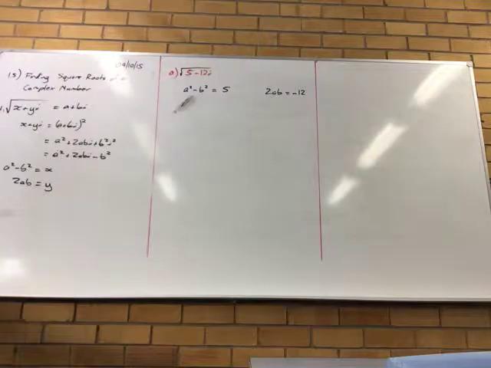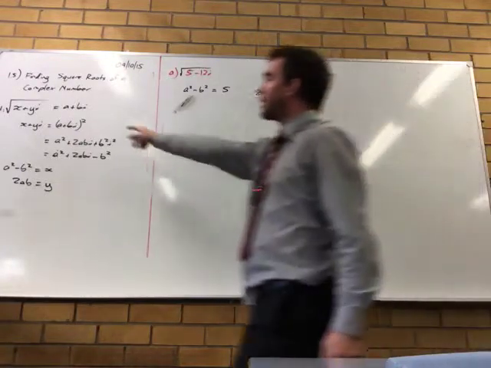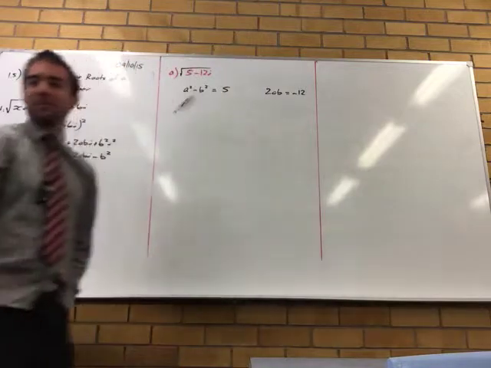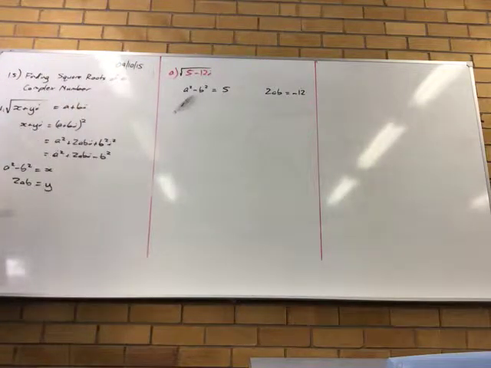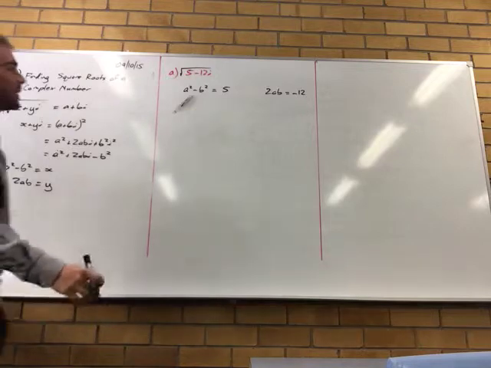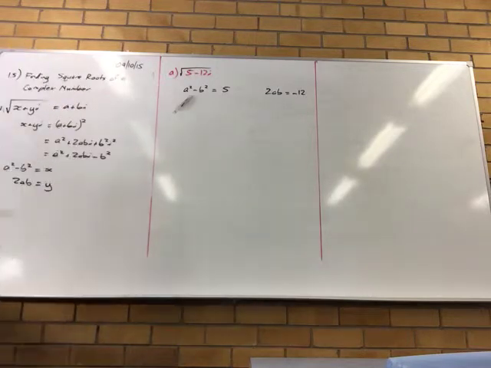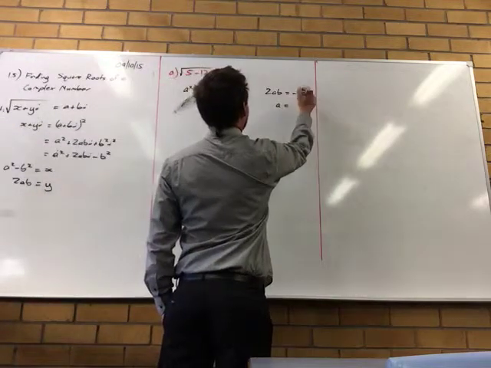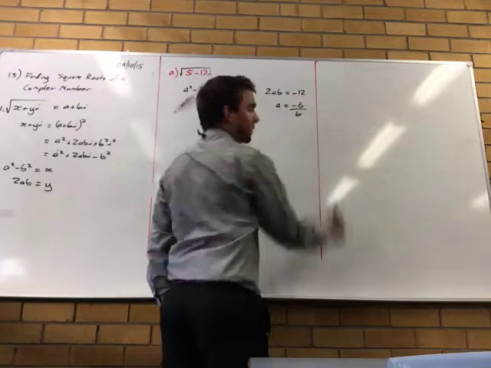Alright, so now what you need to do is solve for a and b. When you solve for a and b, you'll get your solution for taking the square root. So how am I going to solve? Simultaneous equations. A is -6 over b.